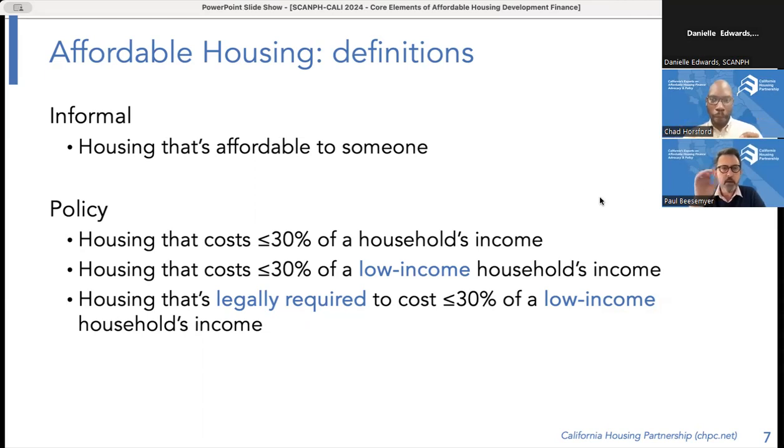Paul? Yeah, and Chad, I just wanted to add a couple things. It's based off gross income, not net. I was planning to answer that and someone threw it in the chat. But the other thing to know is that 30% of income, just for those who have been around a while, feels chiseled into the tablets on Mount Sinai, but it's not quite. It used to be 25%.